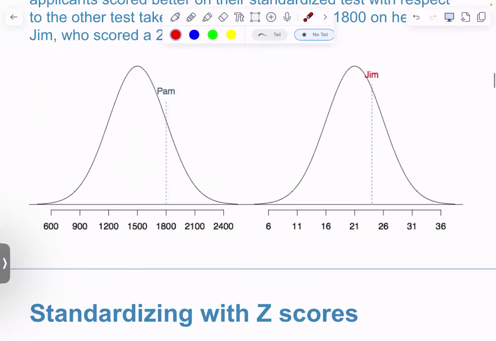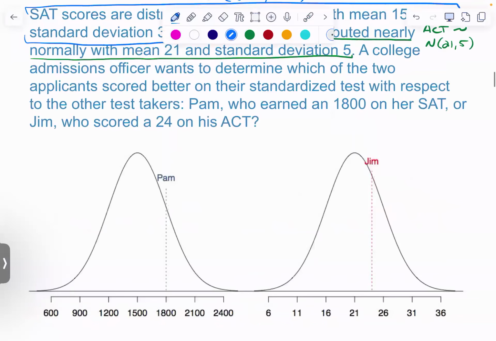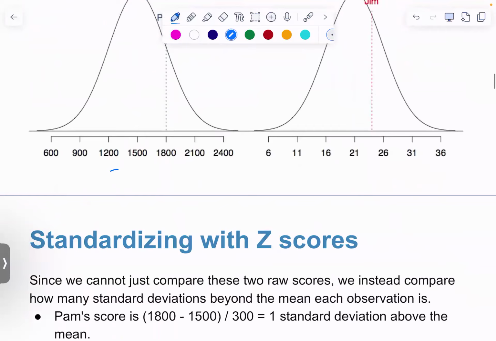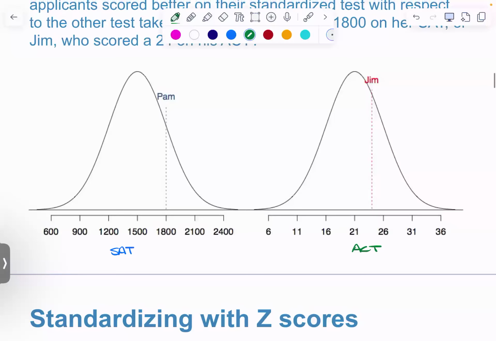And so here, we've got both our SAT scores and our ACT scores. So here we have our SAT scores, and here we have our ACT scores. You can score below the mean, you can score above the mean, with some variation.